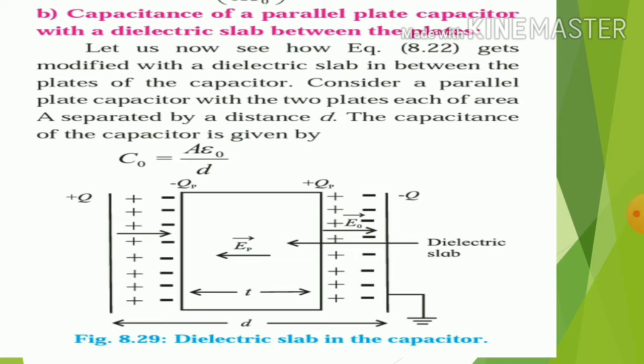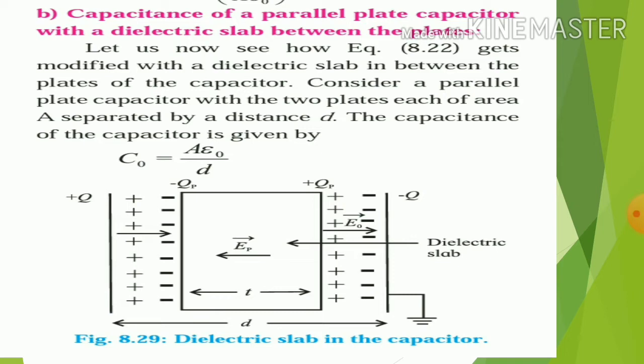Let us consider that plus capital Q charge is supplied to the first plate, and the inner surface of the first plate has plus Q charge, and the second plate has minus Q charge.